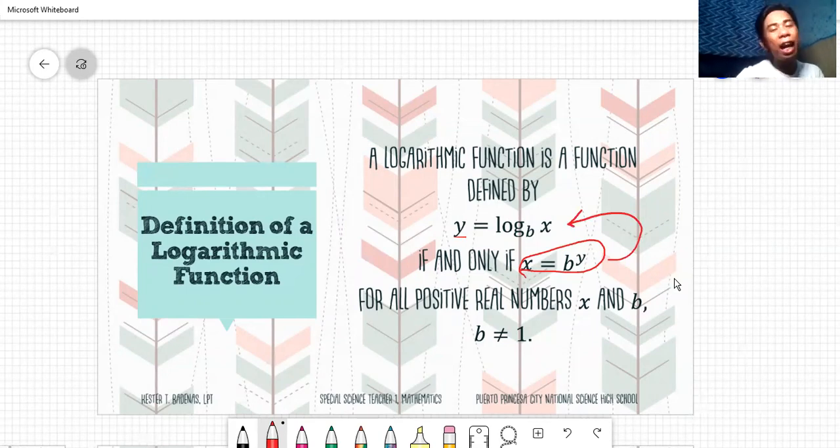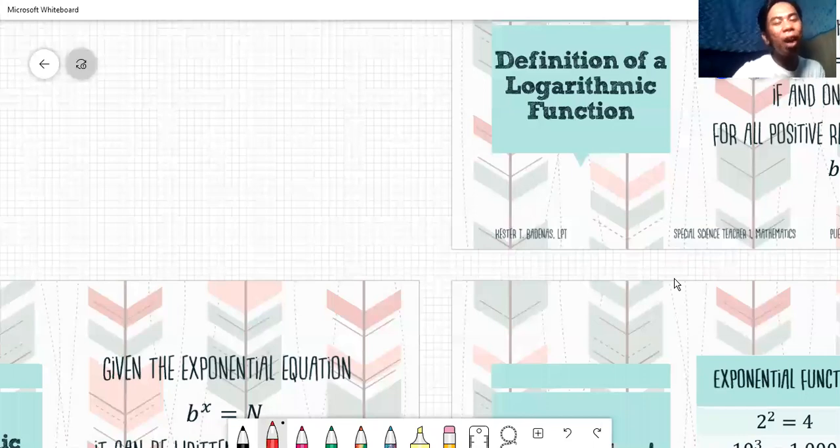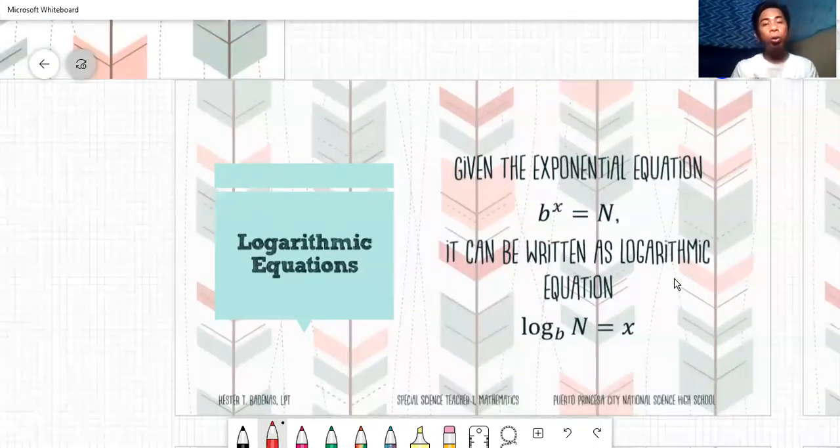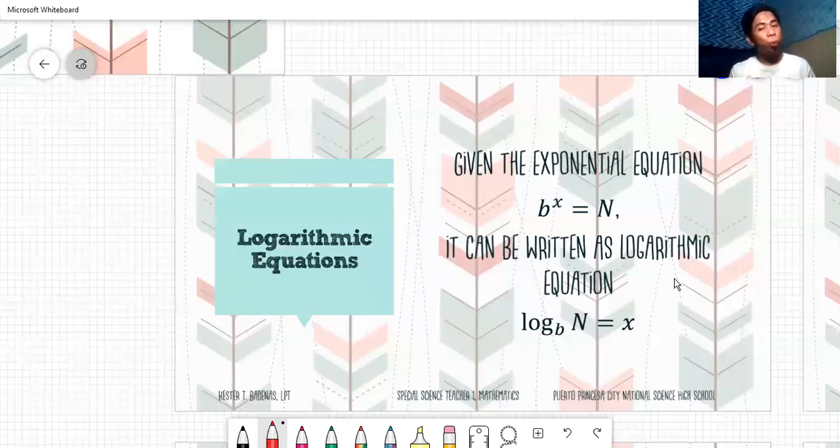I know that you haven't gotten what I'm talking about here. So now, let us see how to convert an exponential equation to a logarithmic equation. Given the equation b raised to x is equal to n, that equation can be written as logarithm of n with the base b is equal to x.